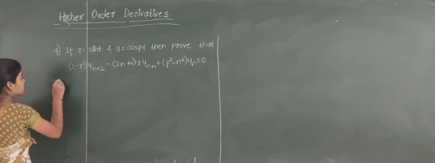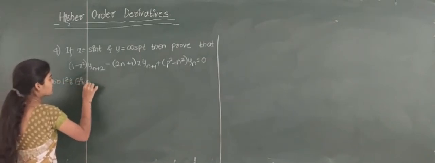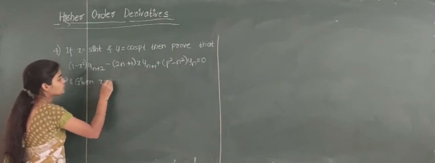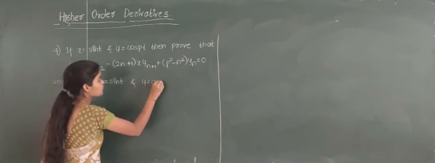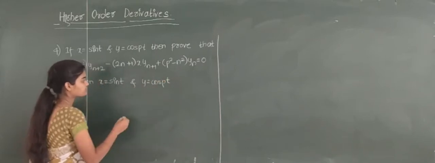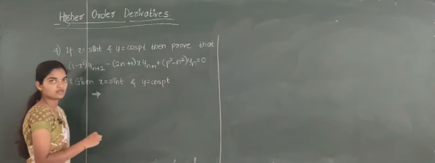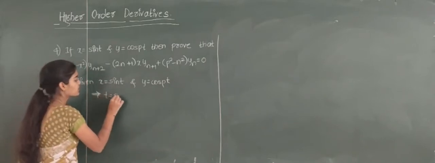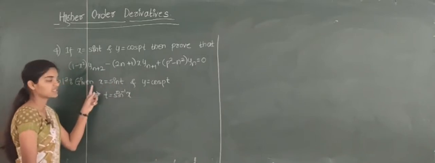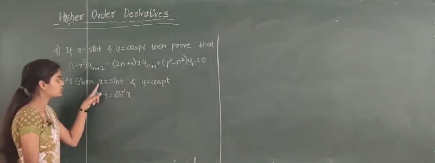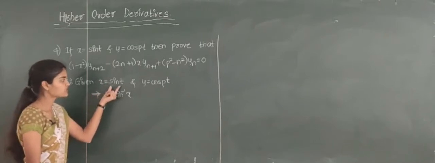First I will write the given terms in the solution, that is x and y. Given x is equal to sin t and y is given as cos pt. From this I will remove the t value and pt value. So the t value becomes sin inverse x. We take sin inverse on both sides. Then what we will get? Sin inverse x is equal to sin inverse of sin t.